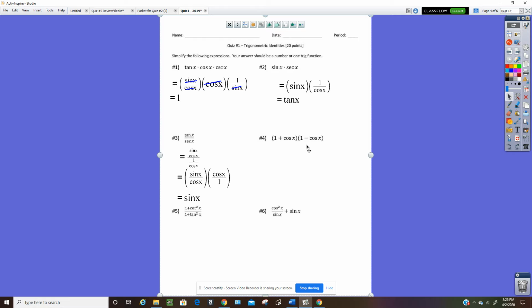So number 4 is to multiply this all together using the distributive property.